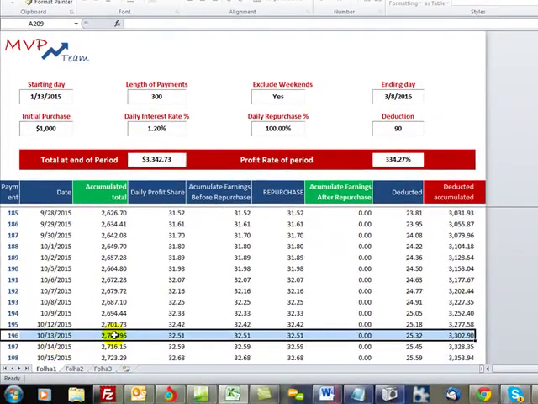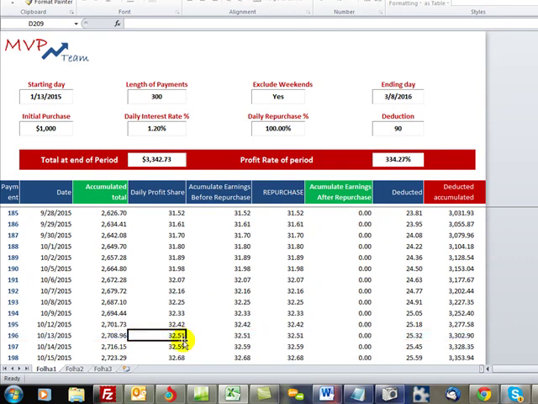Your money has now grown from 1,000 to 2,700. Again, you haven't taken a dime out. Why? Because we've got it set up for 100% repurchase. So you're still earning $32 a day, but you're being deducted $25. So basically, your account is only growing roughly about $7.